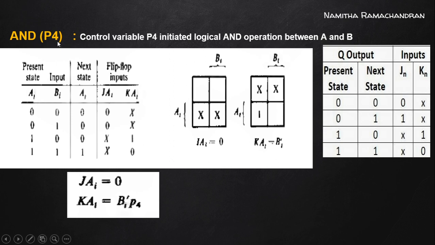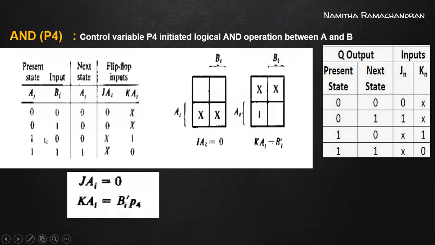So for generating the Boolean function for this particular expression, we need to consider again this excitation table, and the present state is A with 0 and B with 0, and the possibilities are 0 0, 0 1, 1 0, 1 1.